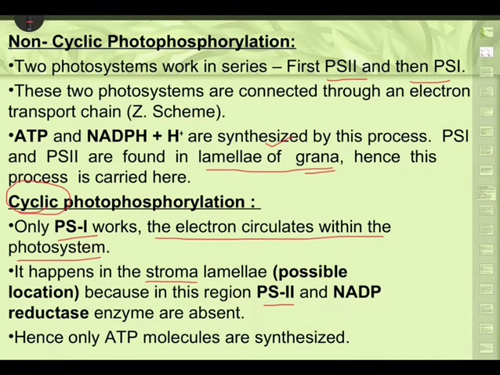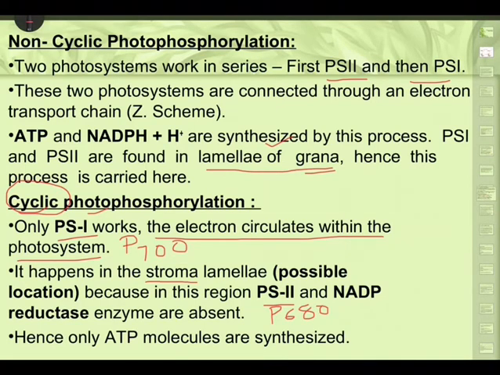Remember this. Because in the grana, PS2 is involved, and NADP reductase enzymes are absent in the stroma lamellae. So in cyclic photophosphorylation there is no involvement of PS2 and there is no NADP reductase. Only PS1 works, photosystem 1.